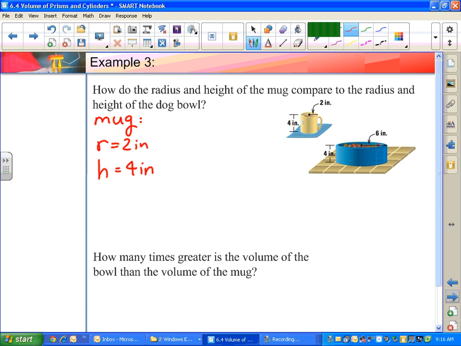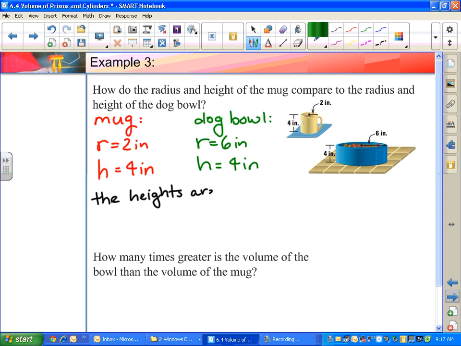All right, now let's look at the dog bowl. For the dog bowl, the radius is equal to 6 inches, and the height is equal to 4 inches. So how do they compare? We can see that the heights are equal to each other. They're both 4 inches.